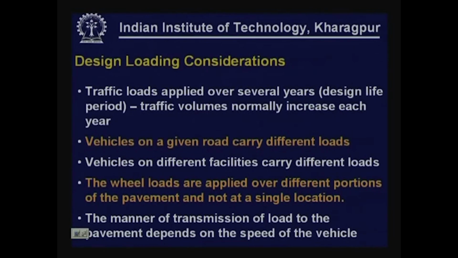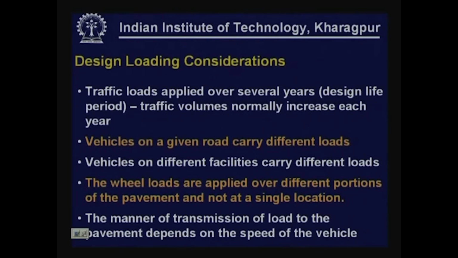We also need to appreciate that all these vehicles do not carry the same amount of load, each vehicle carries different load. And also the vehicles on different facilities, as we just said, carry different loads, each vehicle has got different load carrying capability. The wheel loads are applied over different portions of the pavement.